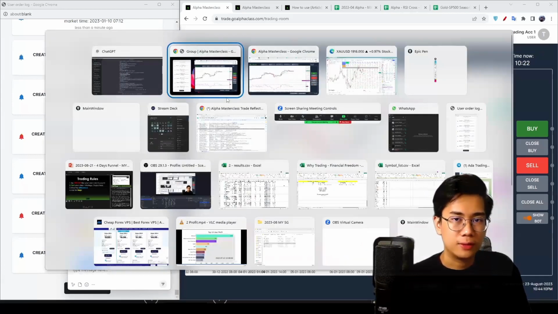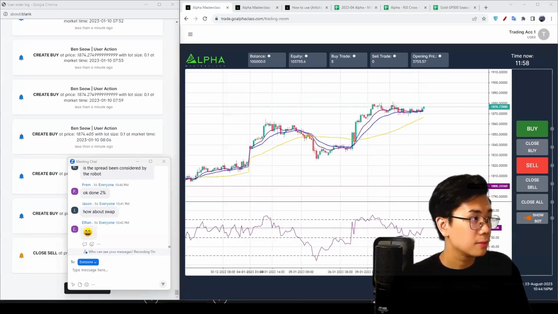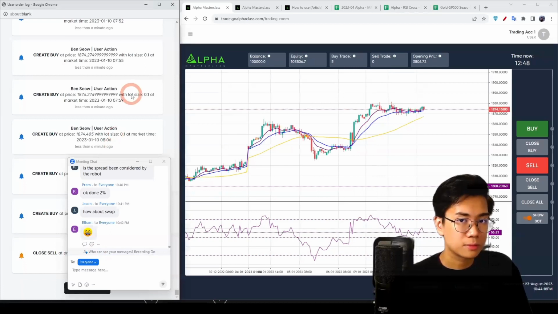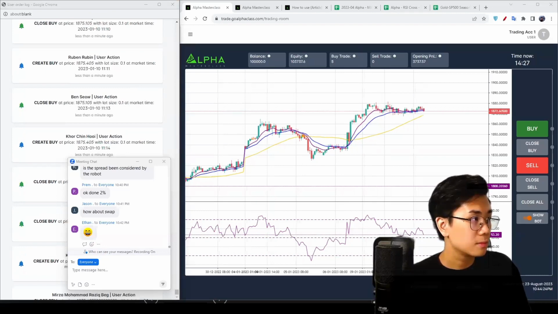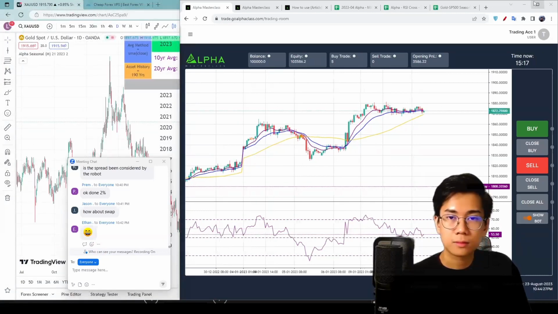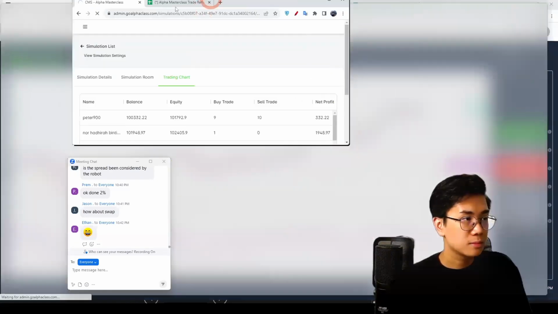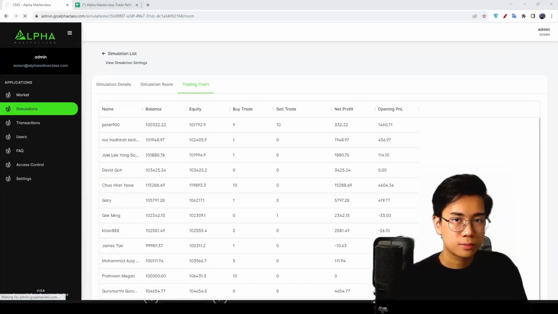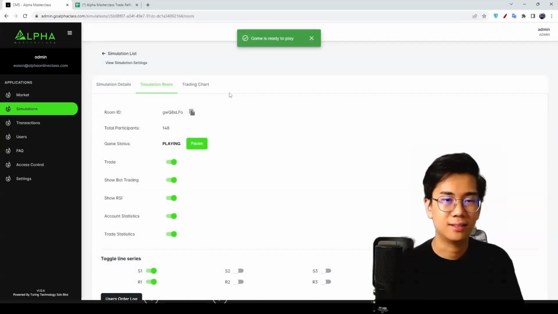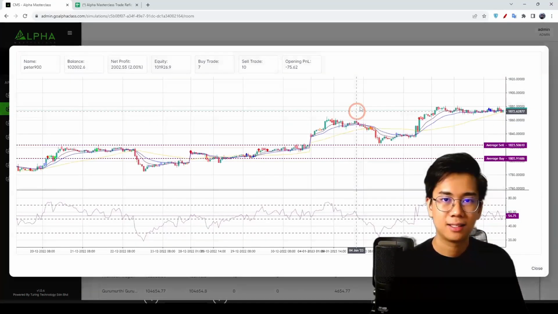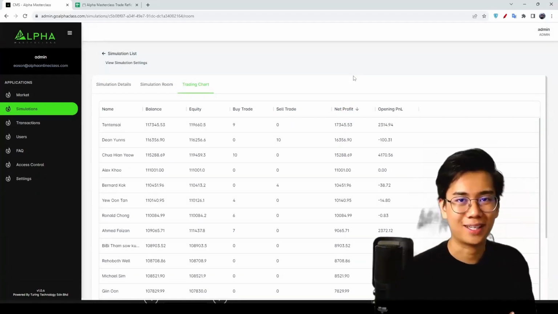And while you guys are trading, let's have a look at how everyone is trading so far. For those that are fighting for the top 10, here is the ranking for you guys. 10 Side remains at the top of the market.